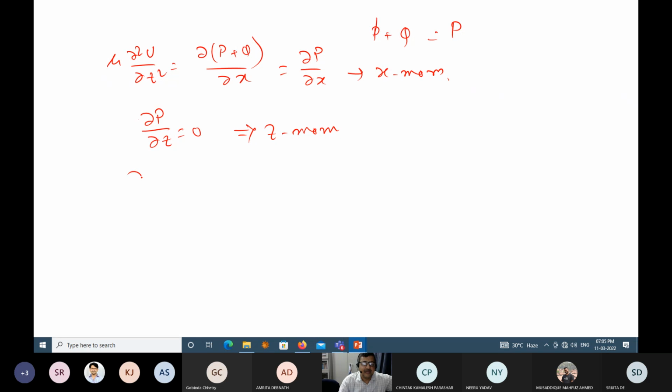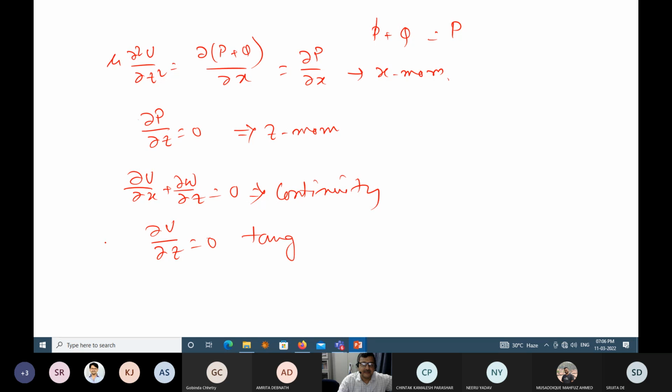Then I will have del U by del X plus del W by del Z is equal to 0. This is my continuity equation. Then I will have del U by del Z is equal to 0 at Z equal to H, which is my tangential stress balance equation. And then I will have minus P plus P is equal to gamma into del square H by del X square.